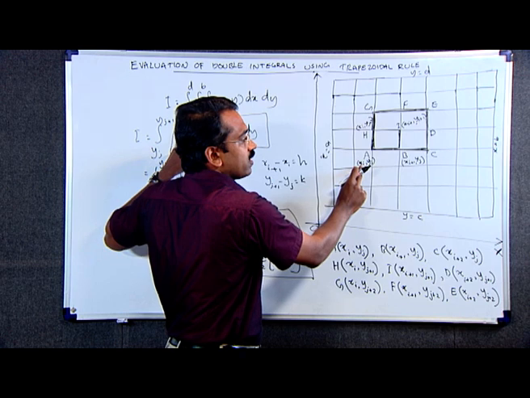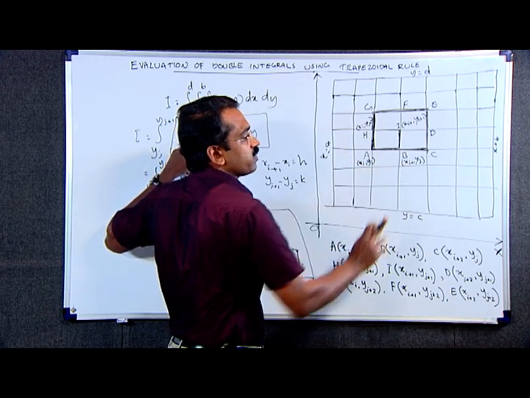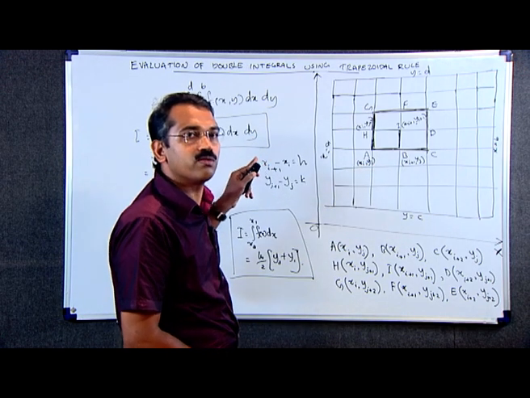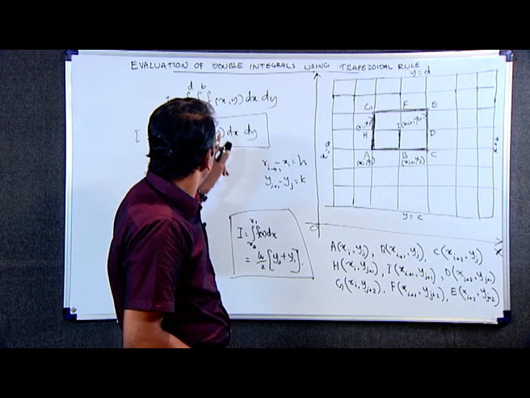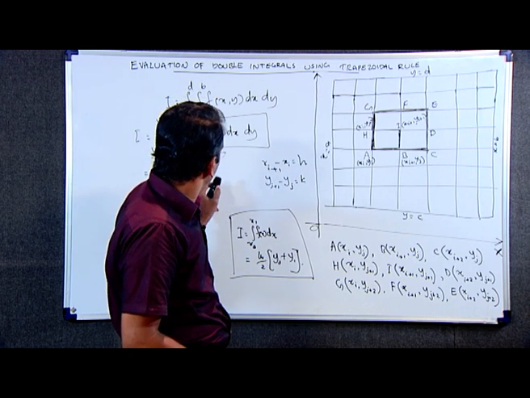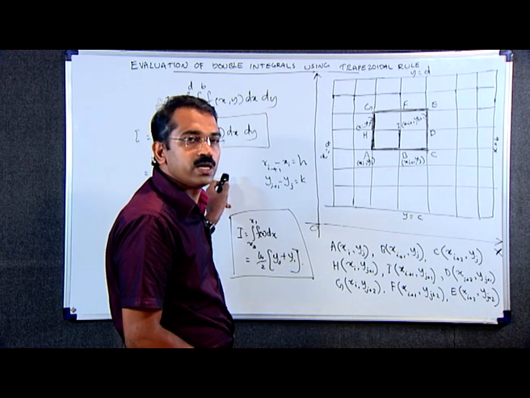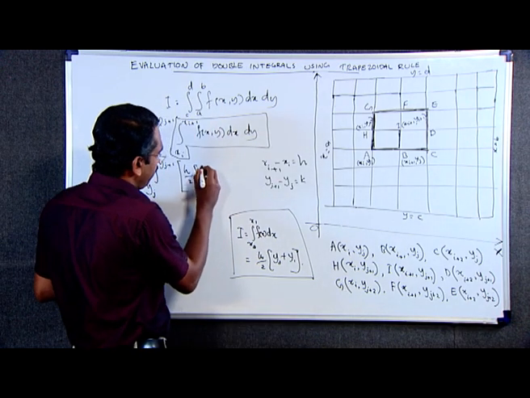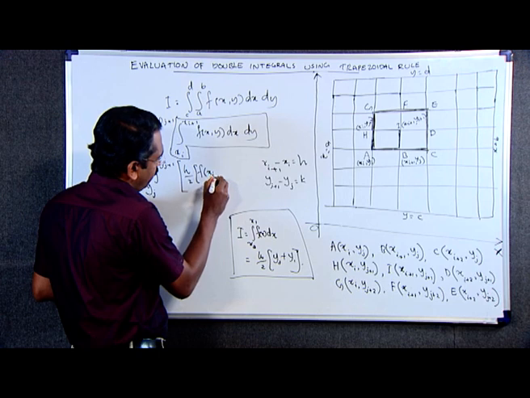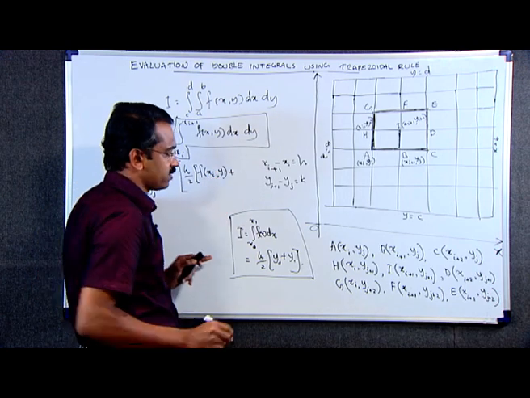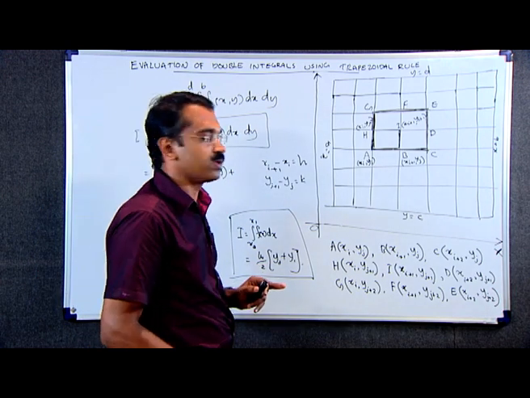The corresponding points are (xi, yj) and (xi+1, yj). Therefore, we can write the value of this integral by the trapezoidal rule as h/2 times (f(xi, y) plus f(xi+1, y)).